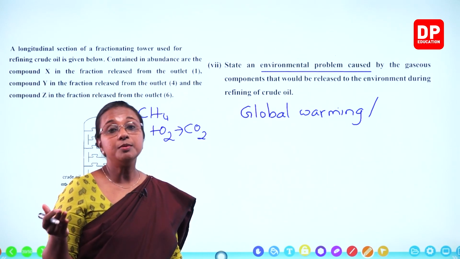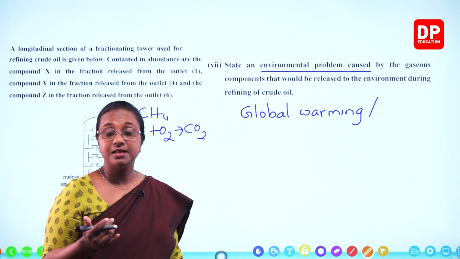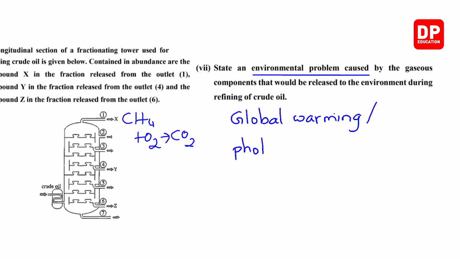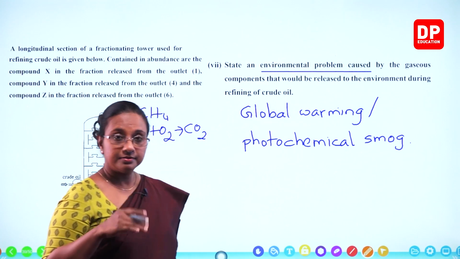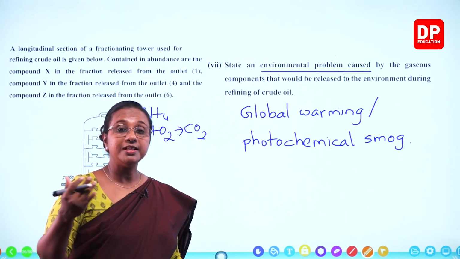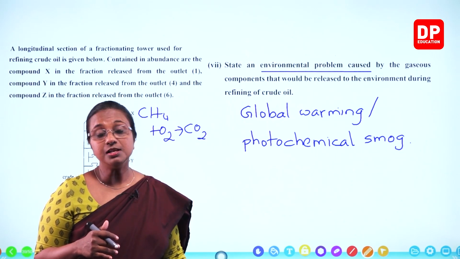That is also a problem, an environmental problem caused by these components. So you can write that as well, photochemical smog. So emissions from vehicles combined with the components in the atmosphere, they cause this photochemical smog.